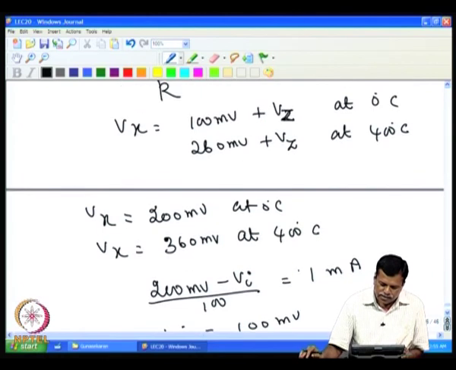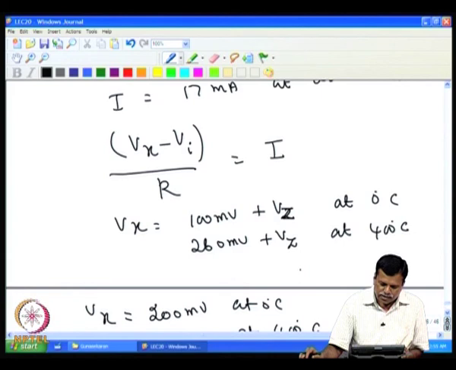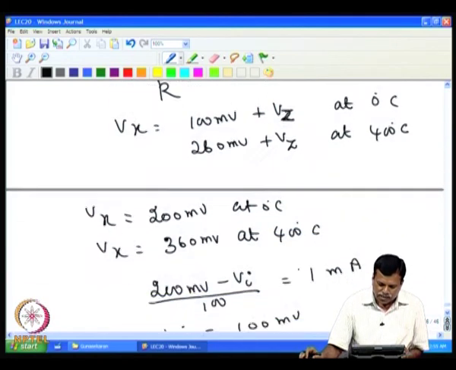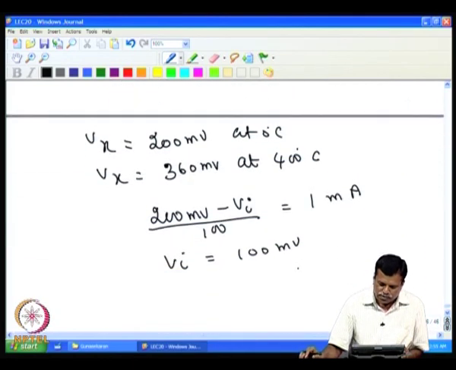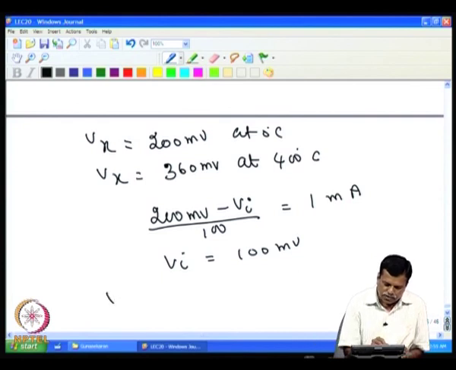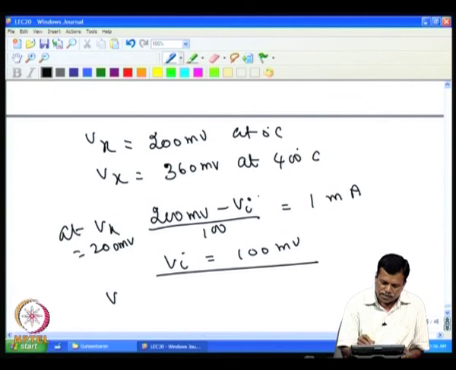Then at Vx equal to 200 millivolt, we get Vi equal to 100 millivolt, and then I will be equal to 1 milliampere.